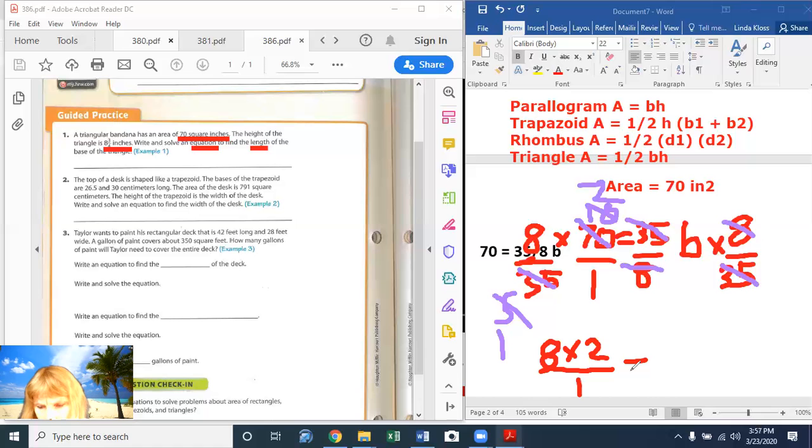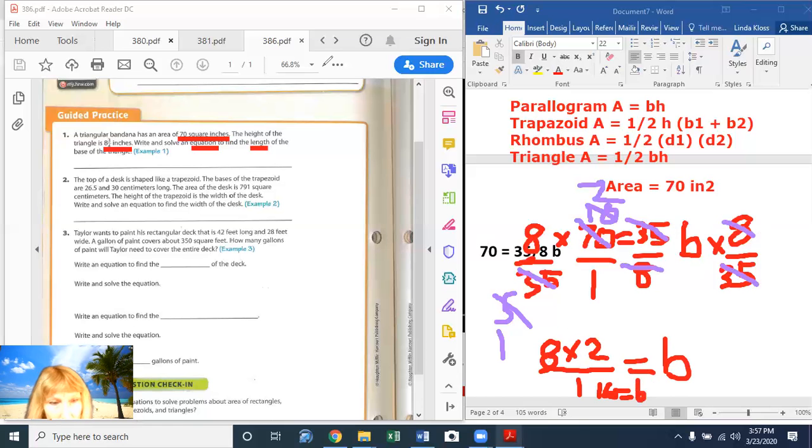That is all equal to, don't forget we have our b. We crossed off everything else. We're left with just a b, a 1b or a b. Now, one more step. We have to figure out what 8 times 2 is. Yep, 16. So b then is really just equal to 16.